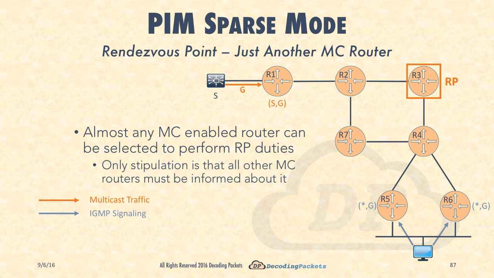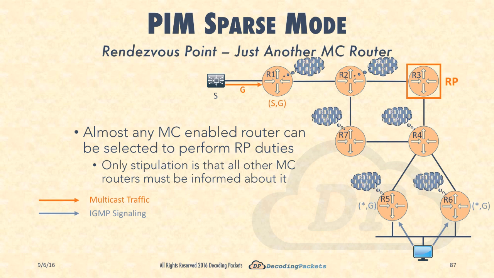Once the RP, or R3 in our case, is aware that it is an RP, it is time to inform all of our other routers about this new identity of an RP, or new responsibilities that R3 has. So from R1 to R6, every single one of these routers now has to be aware that R3 is the RP.